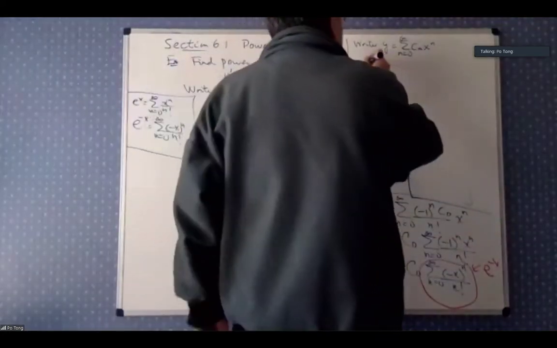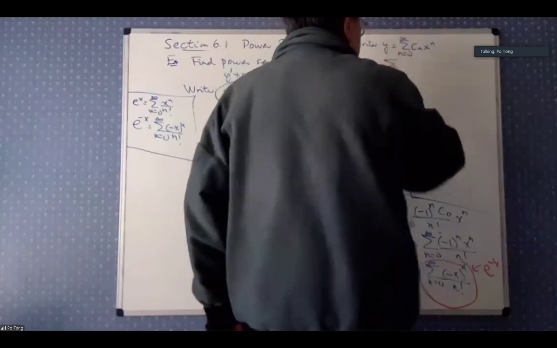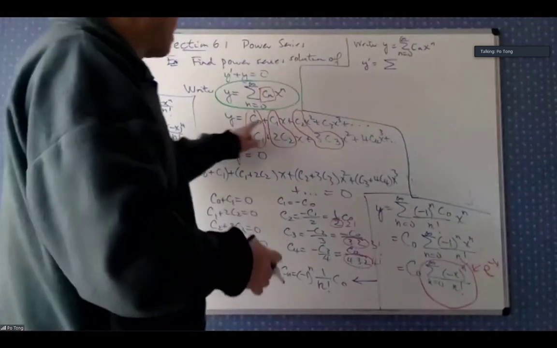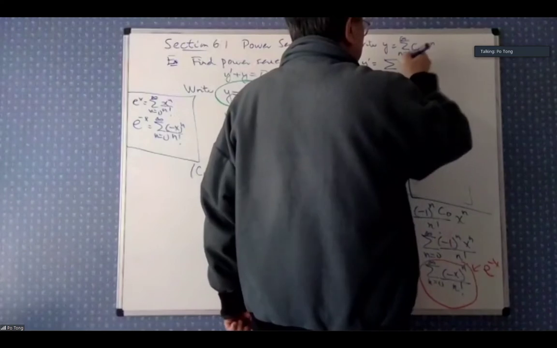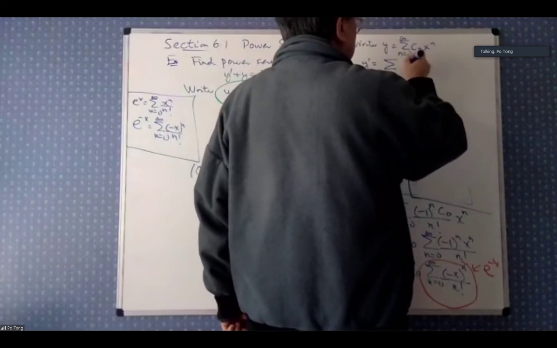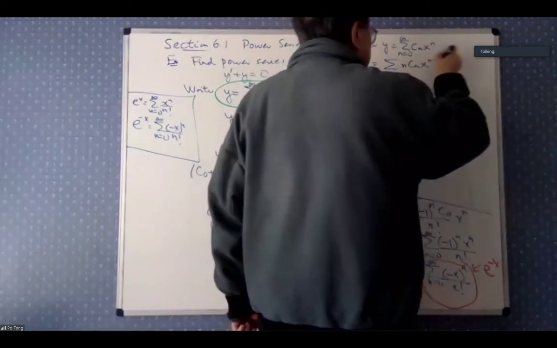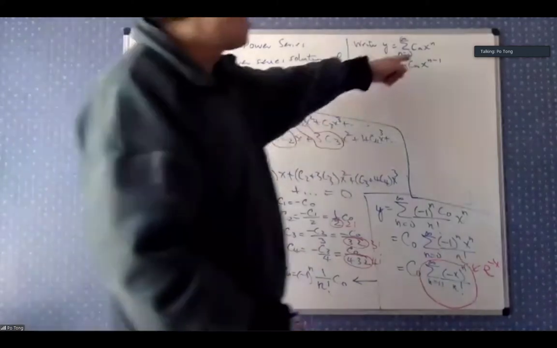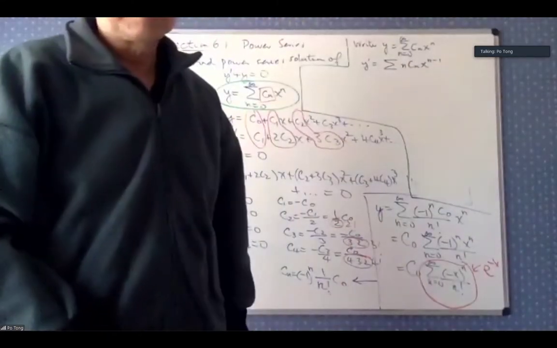So y prime, instead of writing it out, I'm going to use the summation notation. So when I differentiate this term by term, can you guys see that? The derivative of x to the power n will be n times x to the power n minus 1.